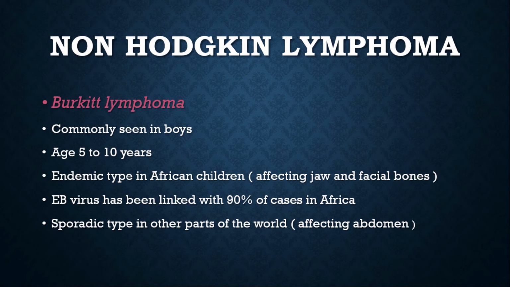Usually, the endemic type affects the jaw and the facial bones, while the sporadic type, the main site of affection is the abdomen, and the sporadic type usually occurs in parts outside Africa.